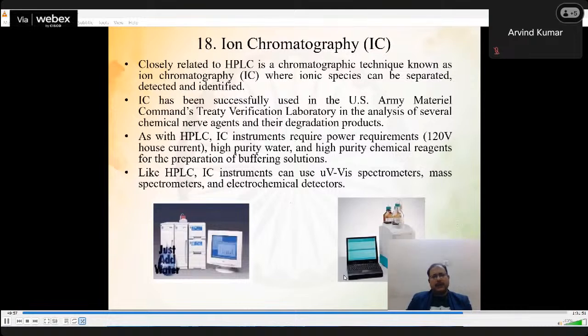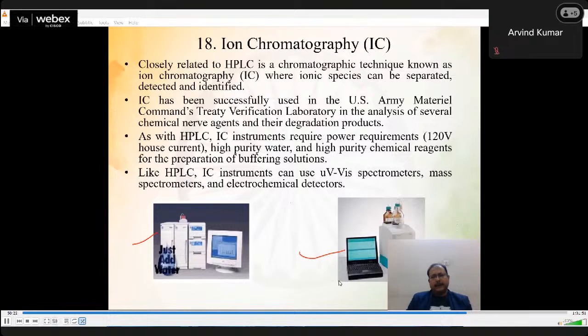Like HPLC, these instruments can use spectrometers, microwave spectrometers, mass spectrometers, and electrochemical detectors. These are two figures which focus upon ion chromatography. It's a group of chromatography which utilizes all these materials, and the mechanism and principles are quite similar to HPLC.